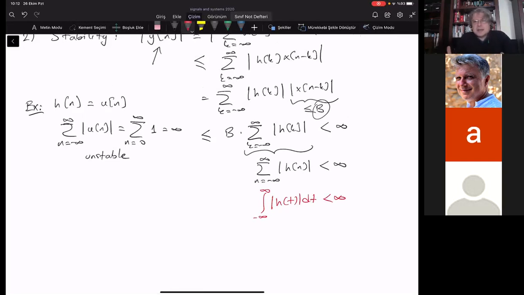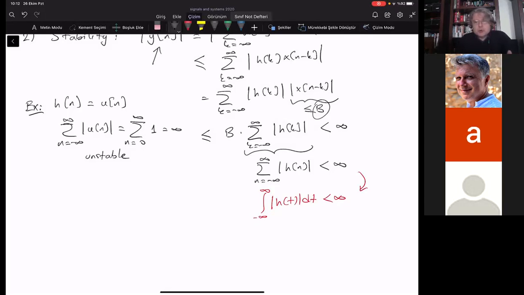We are integrating h of t. Absolute integration, so the positives and negatives all contribute positively. If the area under the impulse response is finite, then we say that the system is stable. So it's easier to make this deduction, and we state it like this. That is stability.